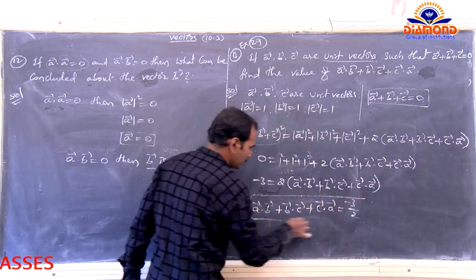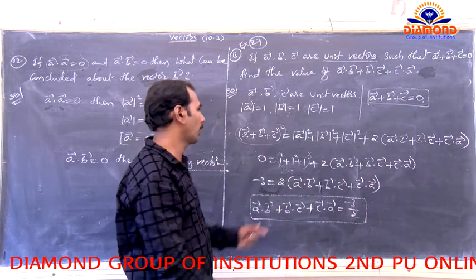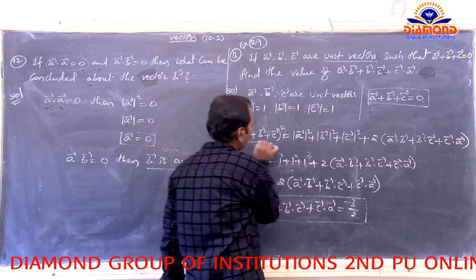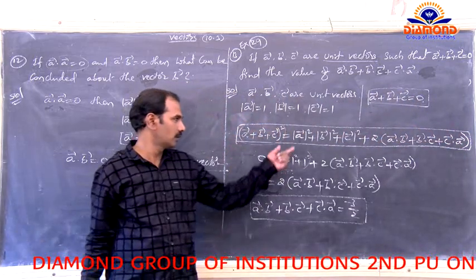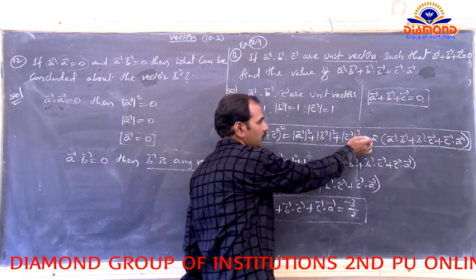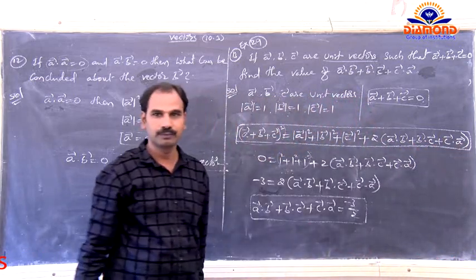This is your answer. So simple, an easy scoring question, 2 marks. This is the main formula: (A plus B plus C) whole square equals A square plus B square plus C square plus 2 (A dot B plus B dot C plus C dot A).